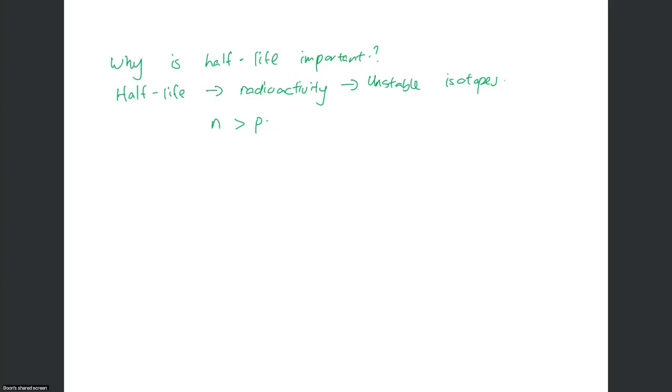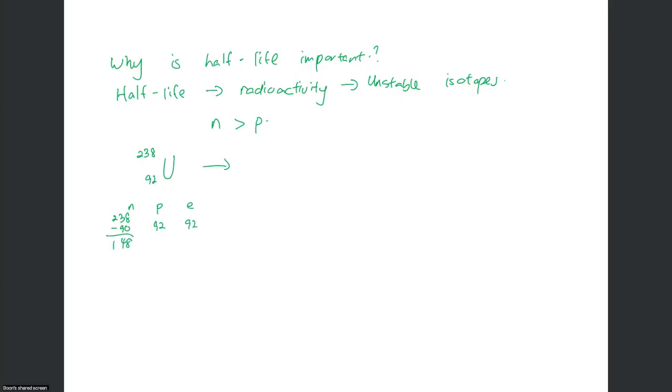Let's talk about uranium, atomic number 92, and atomic mass 238. You can see here the neutron, proton and electron. Proton is 92, electron is 92, and neutron is 238 minus 90, that is 148.